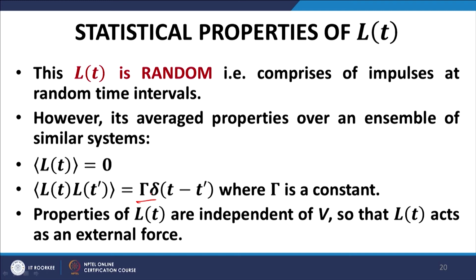So, the autocorrelation of the random force that is exerted on the Brownian particle due to collisions between various molecules is in a sense delta correlated, with an additional term that is nothing but a scaling term, which represents the magnitude of the force by which they are impacted.